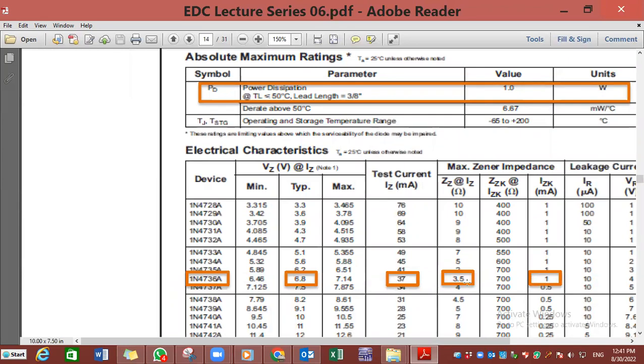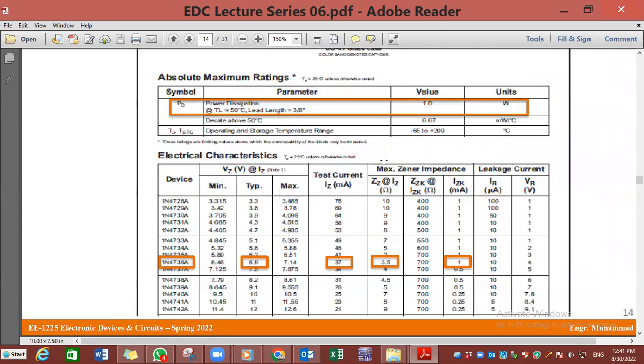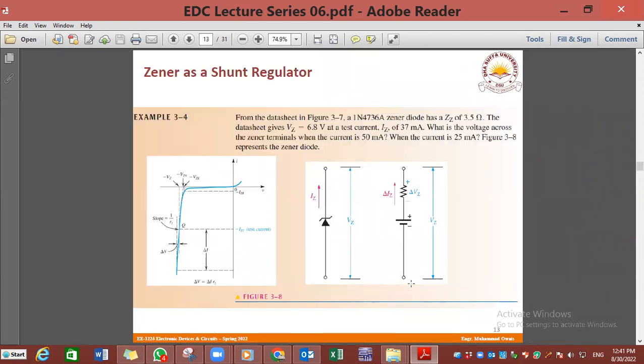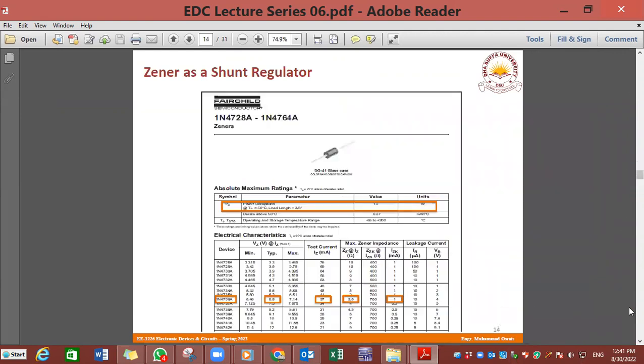ZZ, the RZ value, the series resistance, is 3.5 ohms, and the minimum current that you should pass through it is IZK, that is 1 milliampere. That's how you solve this problem from the data sheet and find out the values. Go through 3.4, pause the video, and read all these things.